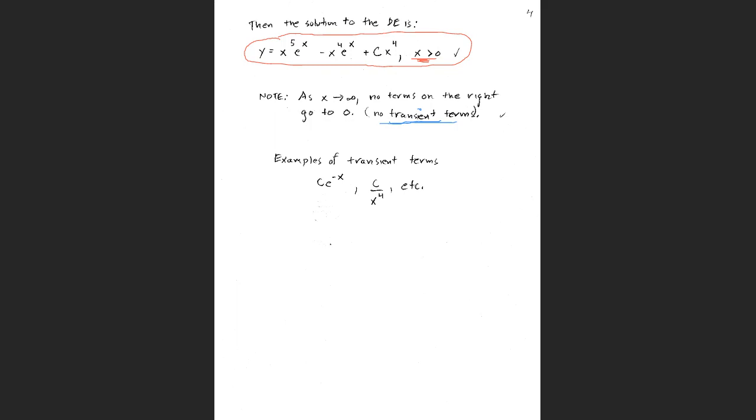But all of the terms here are not transient terms. They don't approach 0 as x gets large. Examples of transient terms would be terms like c times e to the negative x and c over x to the 4th.